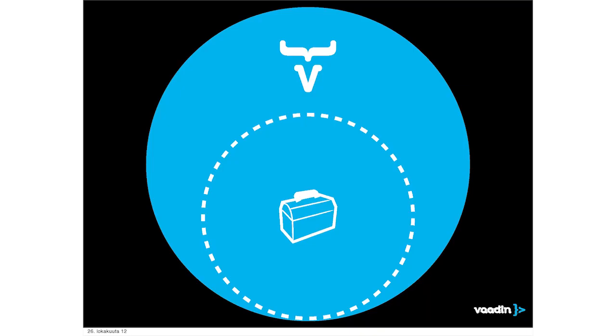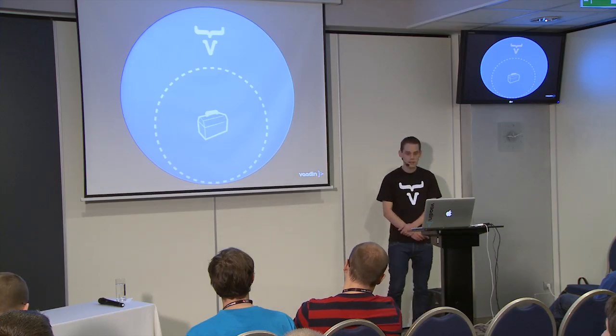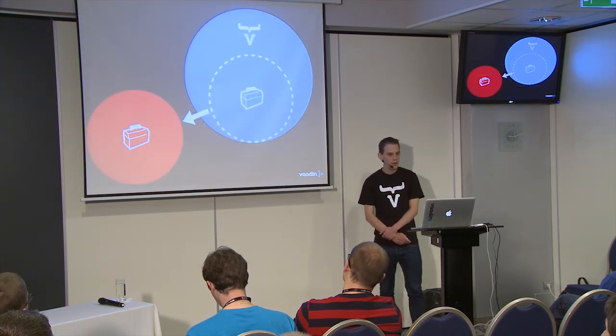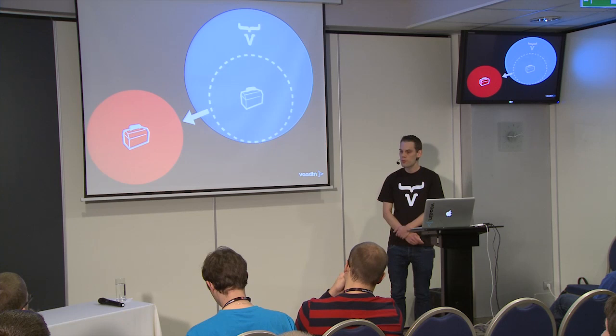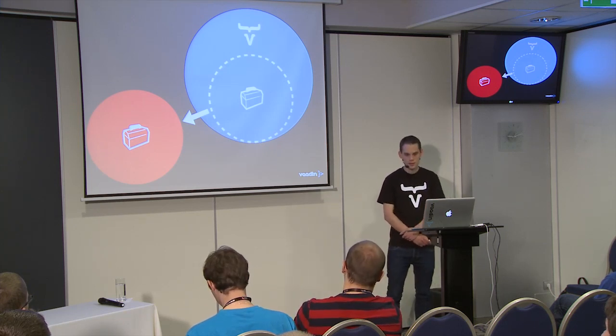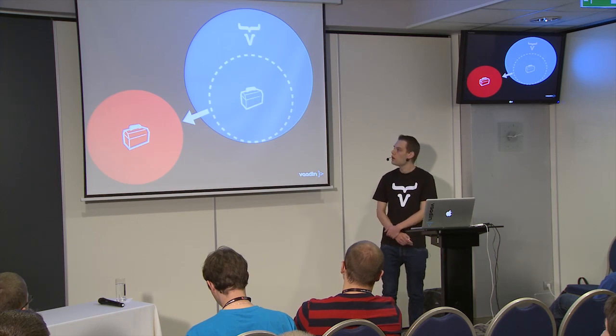But in Vaadin 7, we will include GWT as part of Vaadin, so you don't need any more external GWT dependencies. In fact, if you have a GWT project, you can use the Vaadin GWT jar files in your project.